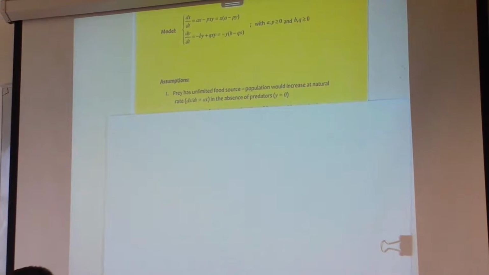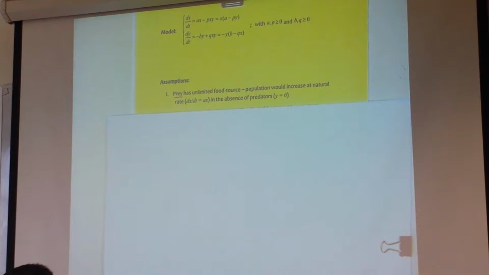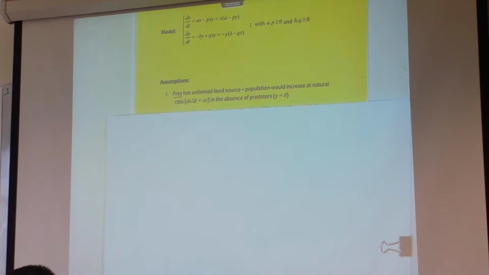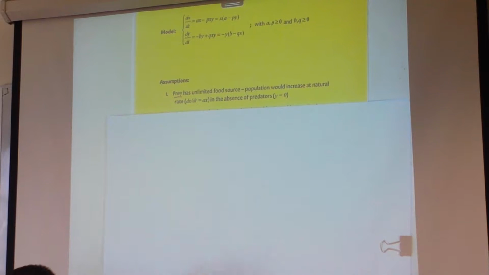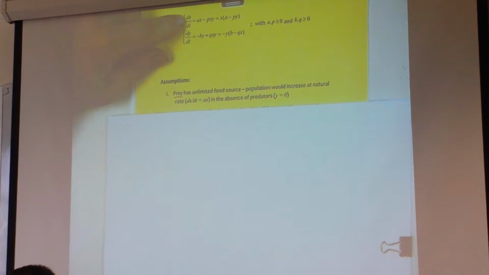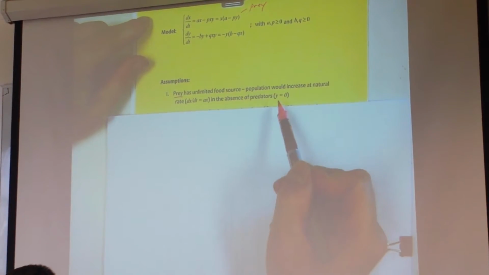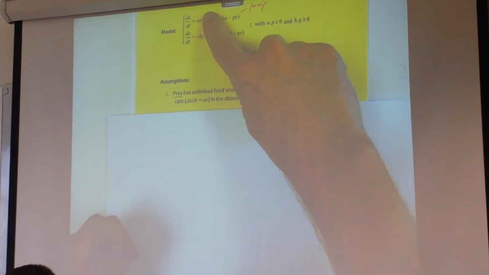First, the prey population has an unlimited food source. That population of prey, the rabbits or the little fish, would increase at a natural rate, which means according to the law of natural growth, in the absence of the predator. You can see in the first equation, that's the prey, if there are no predators, you set y equal to 0, look at what you get: a times x.